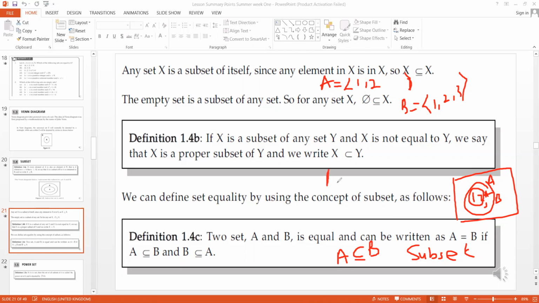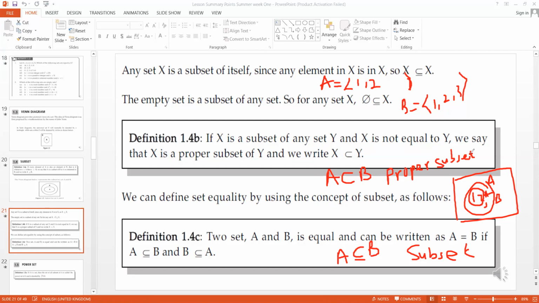In that case, we write A is a proper subset of B. So that's the difference between a subset and a proper subset. A subset just means contained in. But a proper subset should be contained in and smaller than the bigger set.